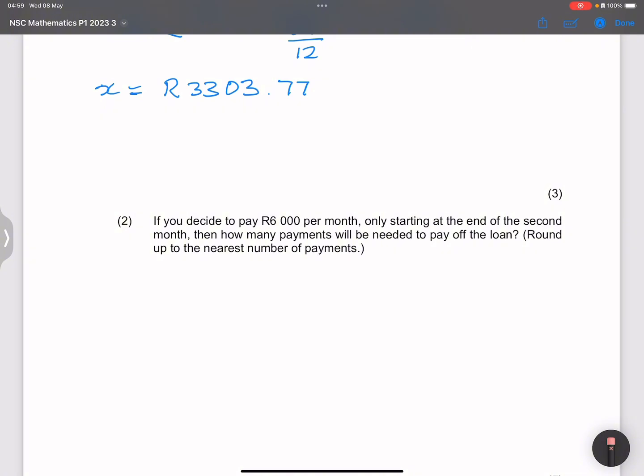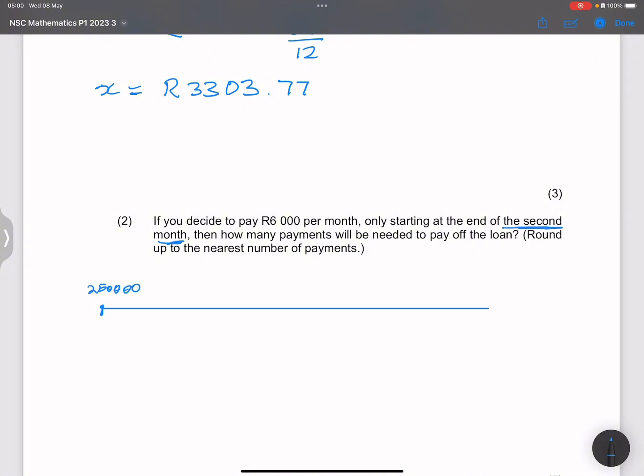But if we decide to pay more in this case, definitely we are going to finish much sooner. But now notice that first of all, we only start paying in the second month. So please note, whenever we've got a payment, this is when we took up the 250,000 loan.